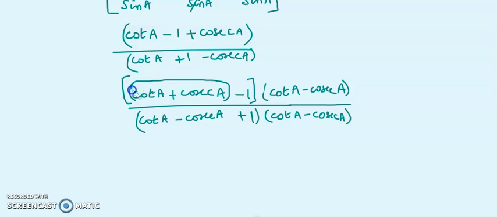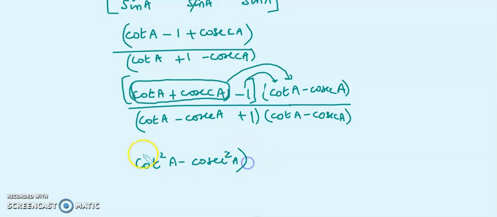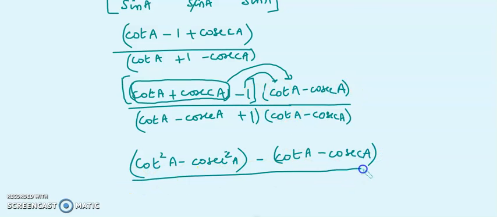That means cot A plus cosec A, the whole thing will be multiplied with cot A minus cosec A, and 1 will be multiplied with cot A minus cosec A. So cot A plus cosec A multiplied by cot A minus cosec A. So A plus B into A minus B. So that will be cot square A minus cosec square A, right? Minus of cot A minus cosec, because minus 1 multiply by that. The whole divide by, I'll keep it like that. I'm not going to do any change to that.